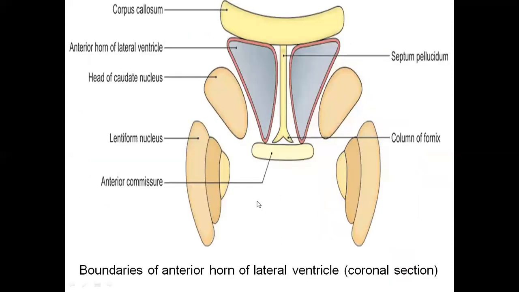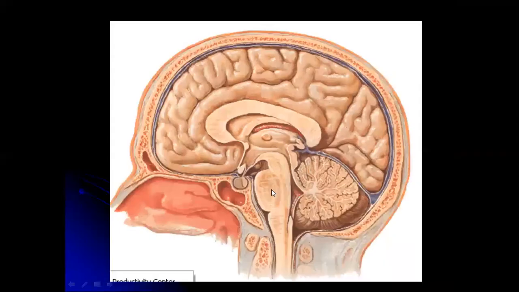This is a separate picture where you are finding this is the roof, corpus callosum, medially septum pellucidum. Then in the floor, we are finding the head of the caudate nucleus. Now this is the median sagittal section picture which has been taken from Netter's atlas. So what is this? Corpus callosum. Here septum pellucidum has been removed and you are finding this cavity.